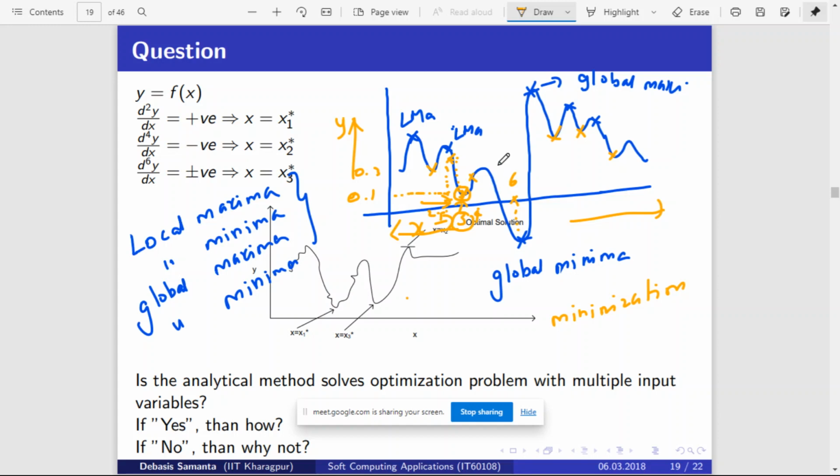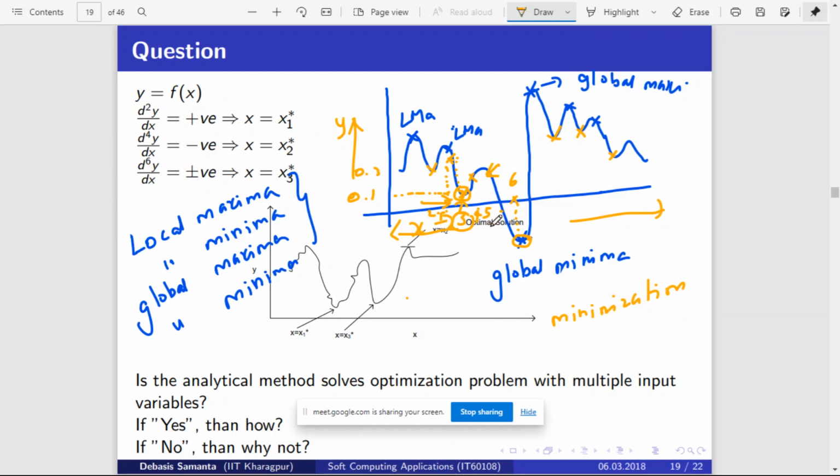If your algorithm starts from here, maybe x value is 5, now you can comfortably reach the global minimum, because for 5 this is your y value, maybe 0.25. Now when you keep increasing x, y keeps on decreasing, and ultimately at one time you will reach the global minimum, right.